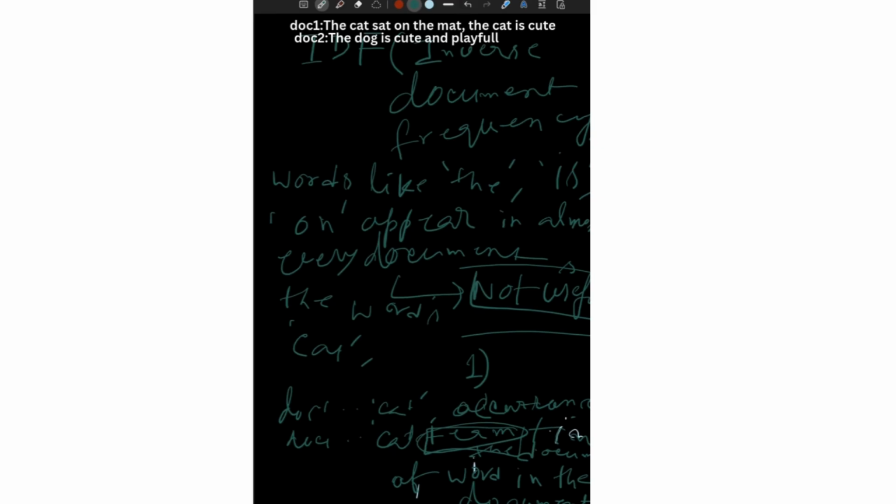So it will find that rare word. This is a useful word. Basically it will reduce the weight of words which occur multiple times, like the, is, on, and, conjunctions, articles. These things are not useful, right? At the same time, cat appears only once or twice, so it will increase its weight. This way we can find the IDF for a set of documents.